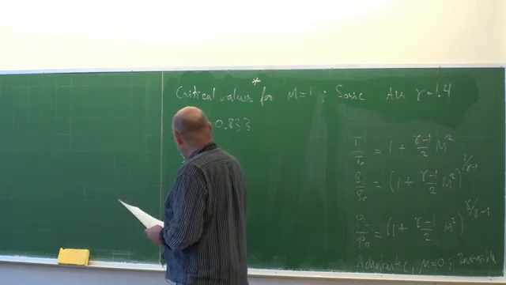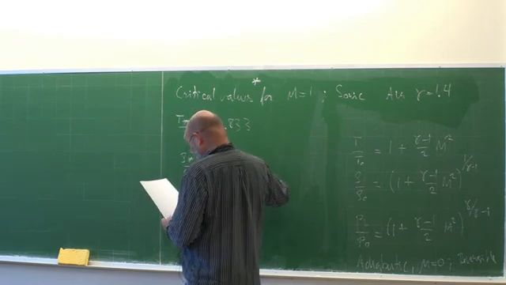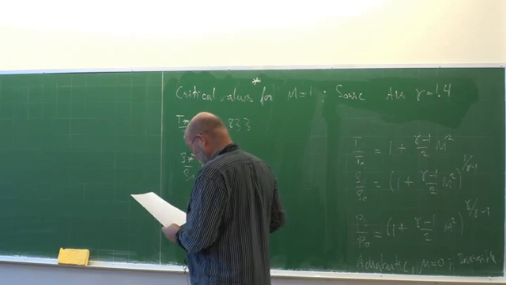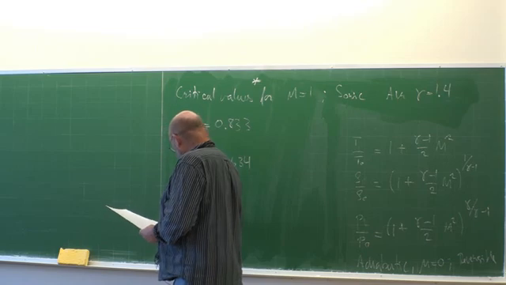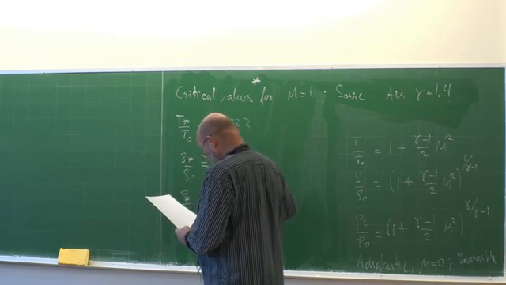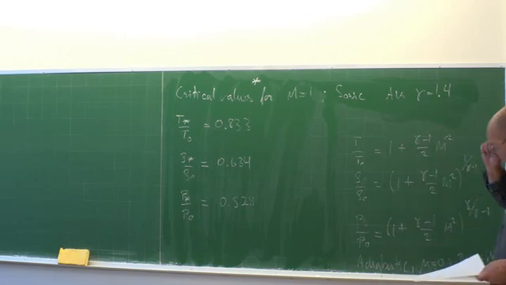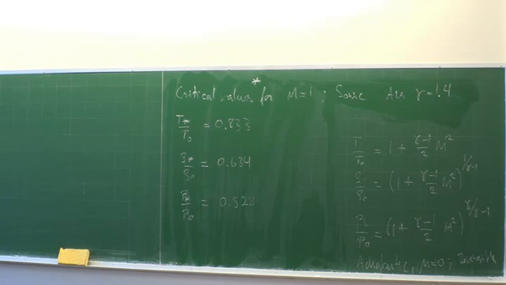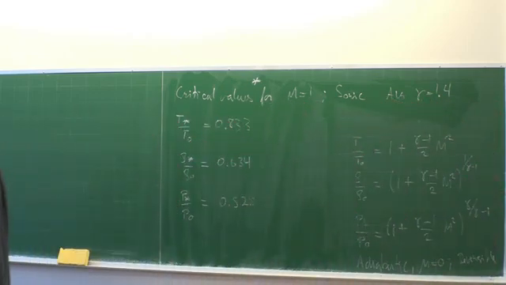Critical density will then be 0.634, and then the pressure, P star over P0 equals 0.528, something like that. You see these values, they change a lot. Okay, so far so good.